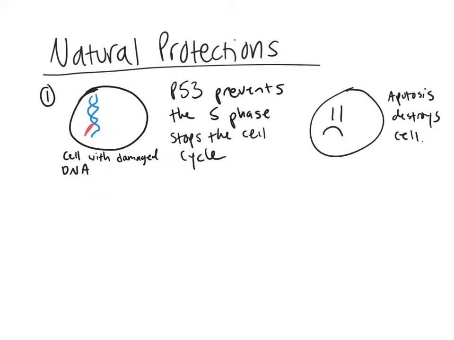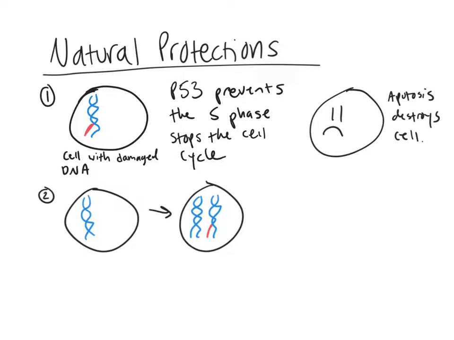So the second bit is, what if a cell has normal DNA to begin with, and then that cell does go into the S phase and copy the DNA. In this case, there wasn't a mutation before, but there was a mistake in copying that DNA in the S phase. And now we have this little mutation here.